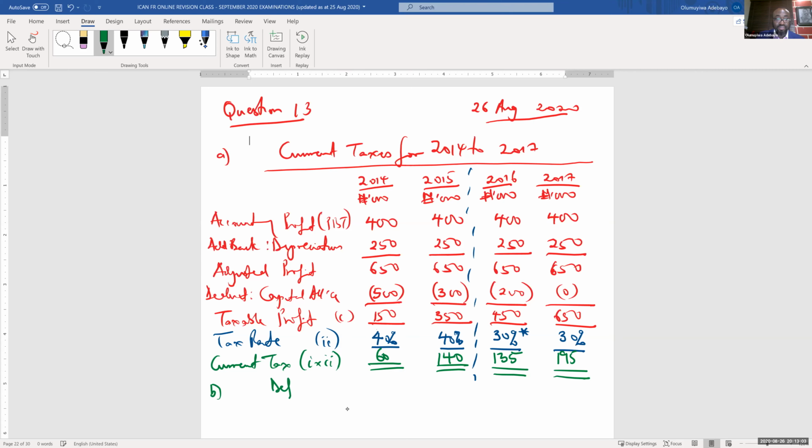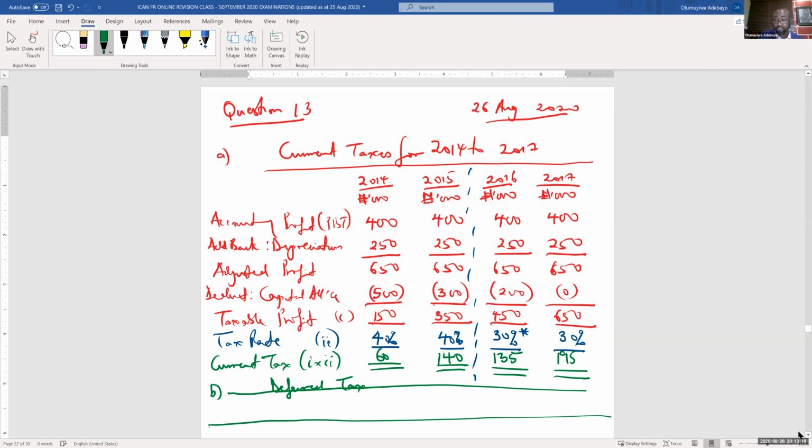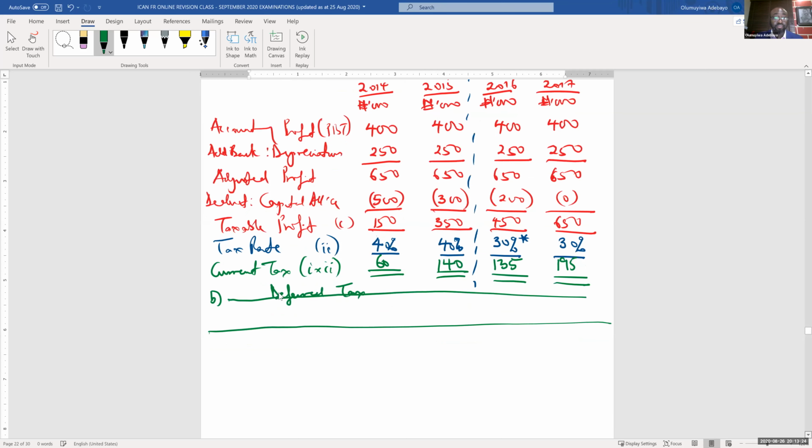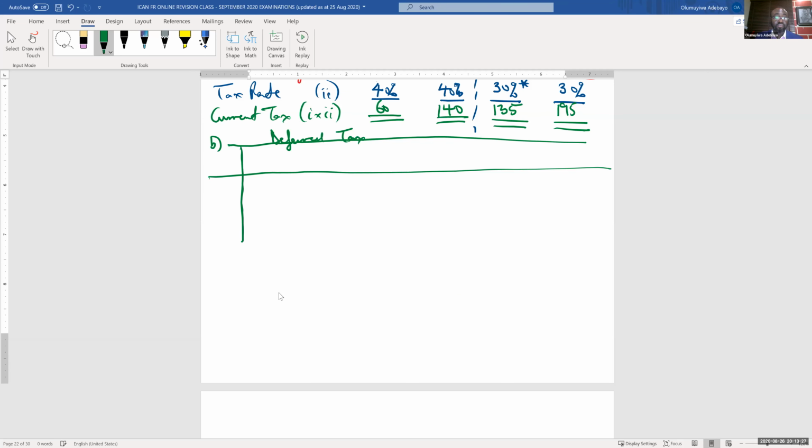Now, our deferred tax. Remember, the years 2014, 2015, 2016, and 2017.